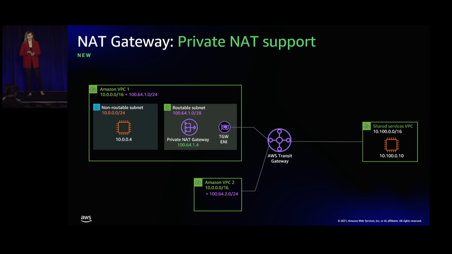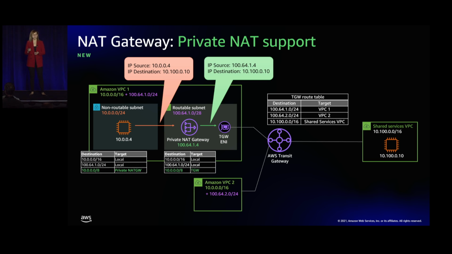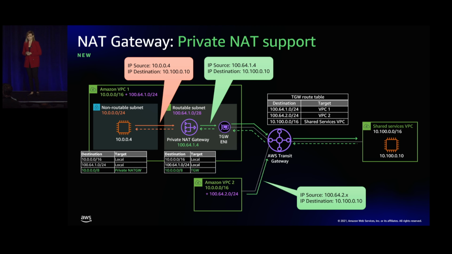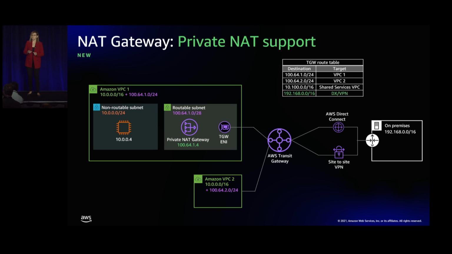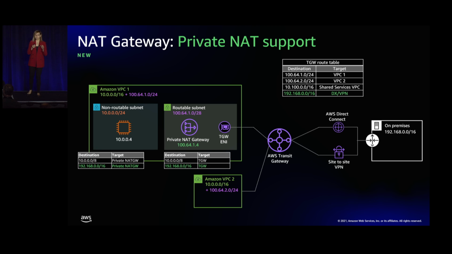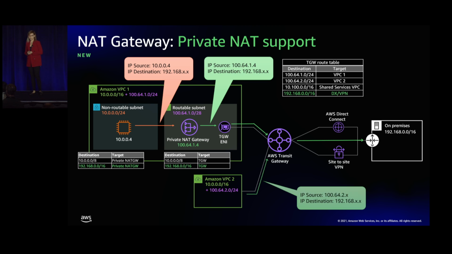With the help of transit gateway connectivity and the appropriate routing in place, we get those traffic flows to the shared services VPC from the overlapping VPCs in our environment. Now, the same functionality is enabled towards private environments on our own premises. So you can use private NAT gateway for the same type of traffic flow from VPCs with overlapping IP space towards your on-prem in this case.